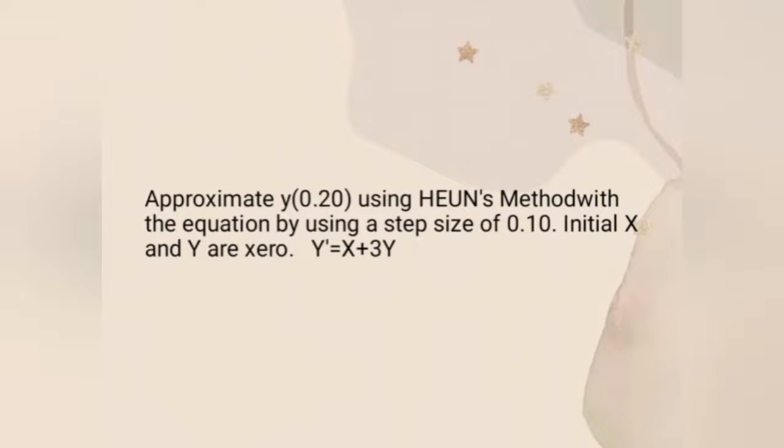Approximate y at 0.20 using the modified Euler's method with a step size of 0.10. Initial x and y are 0. y prime is equal to x plus 3y. So this y prime, as we all know, is dy over dx. So dy over dx is equal to x plus 3y.